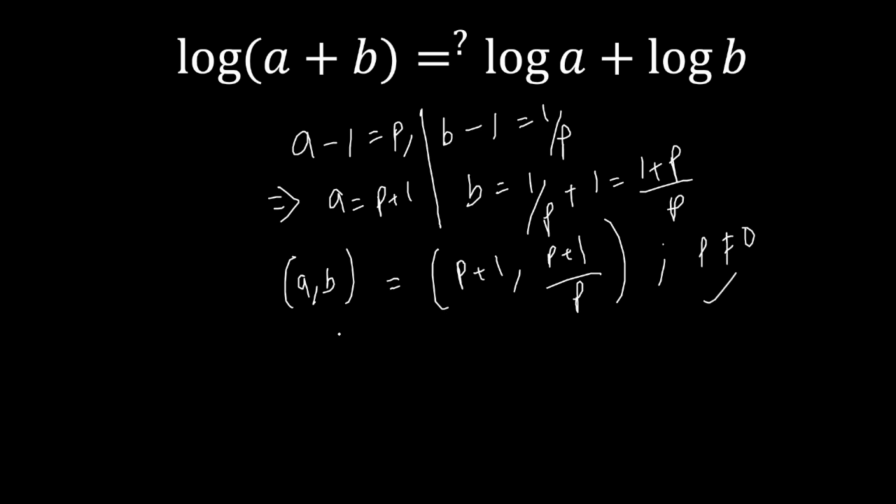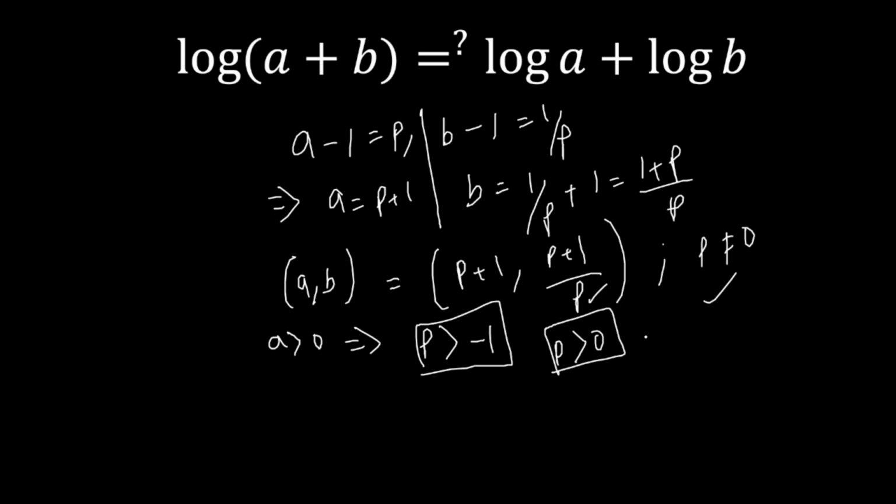Of course, we need to keep in mind that a is greater than 0, because we are talking about real numbers, so that would mean that p is greater than minus 1. Also, b is greater than 0, which is already satisfied since p is not equal to 0 and p is greater than minus 1. But if p is less than 0 and greater than minus 1, then p would be negative. So we must also have p greater than 0.